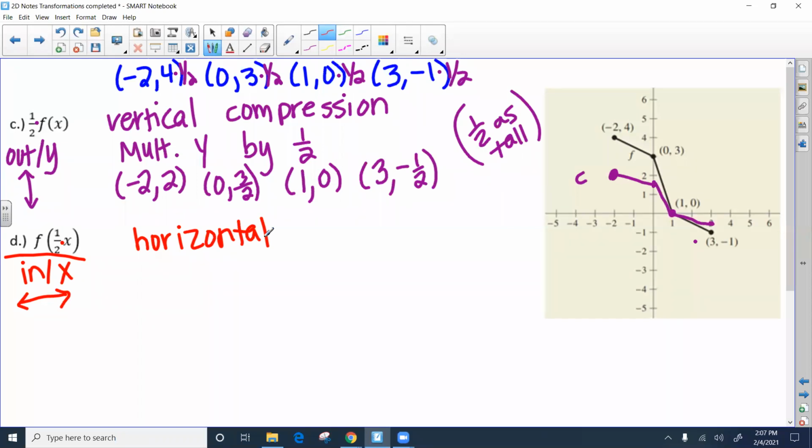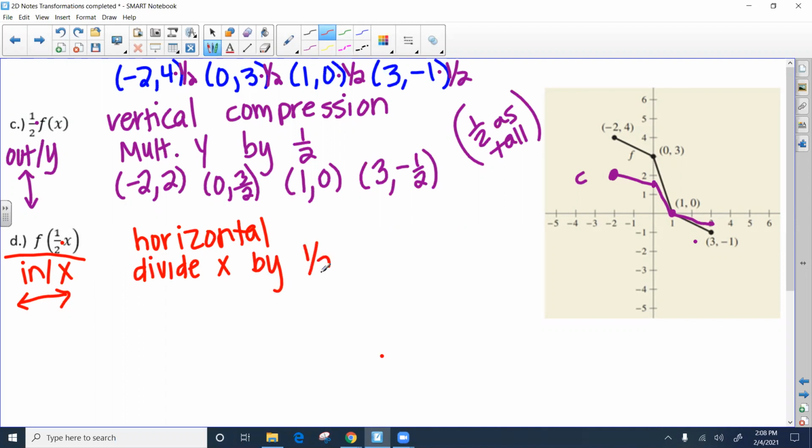To help me figure that out, I'm going to decide what operation I'm going to do. Anything with the x, we do the opposite operation. So right here, it's a 1/2 times x. The opposite is to divide.